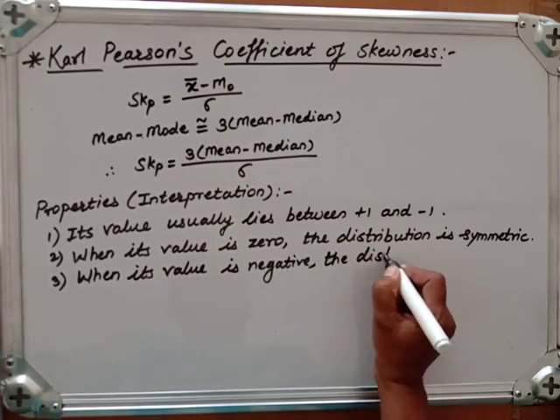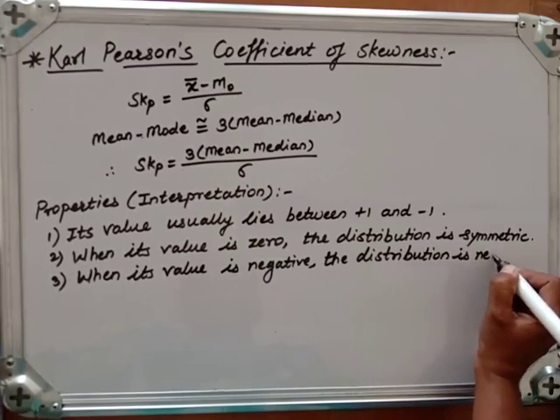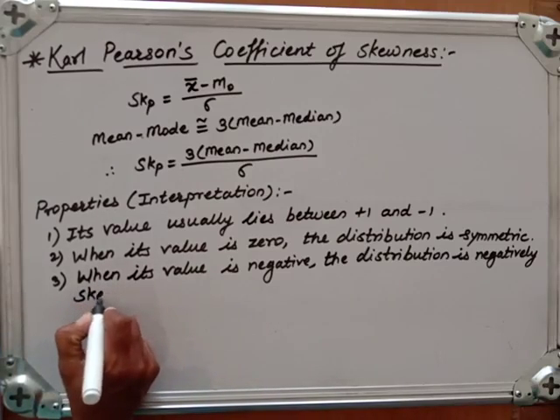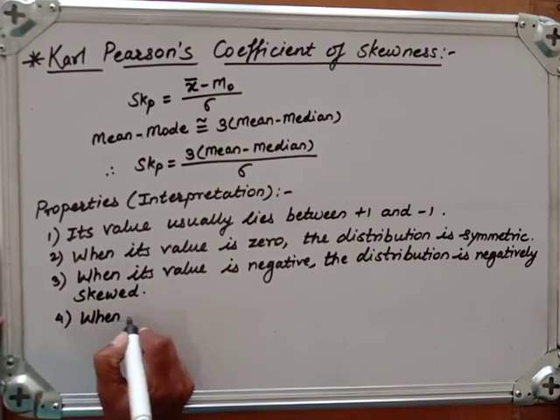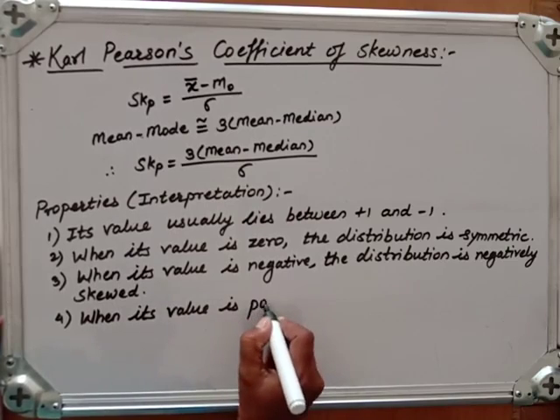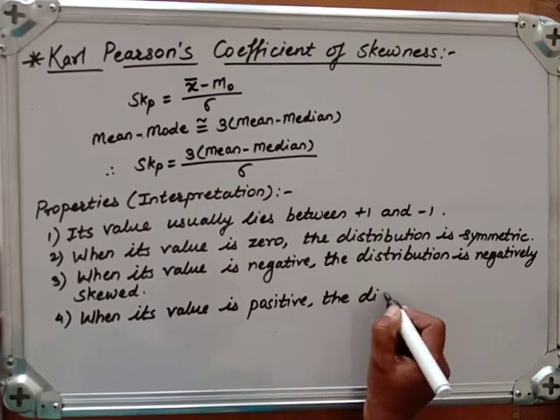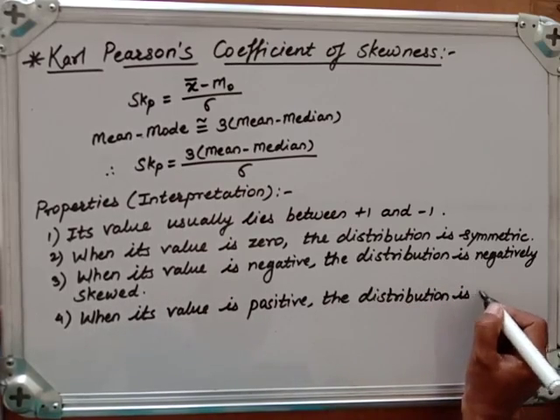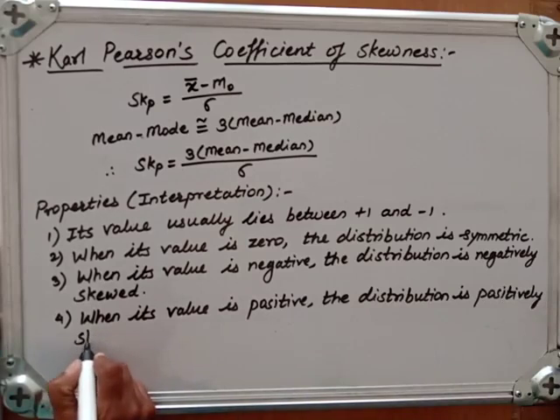Fourth, when its value is positive, the distribution is positively skewed.